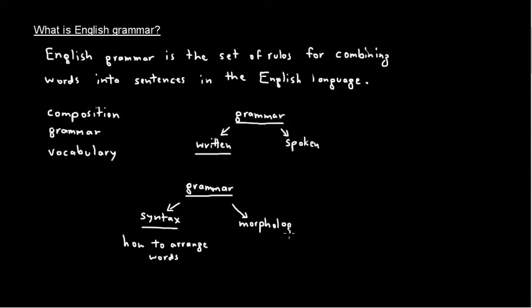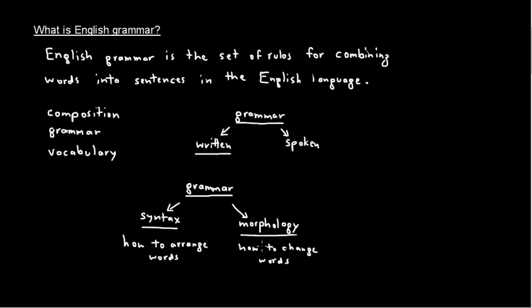Okay? And morph means to change. It's actually a word that's becoming more popular now than it was when I was a kid, so a lot of people know what morph means. But it means to change, and it's how to change words when you're building a sentence. Okay, and we're going to study both of those.